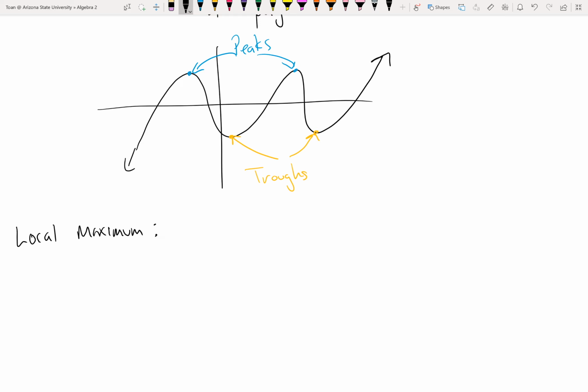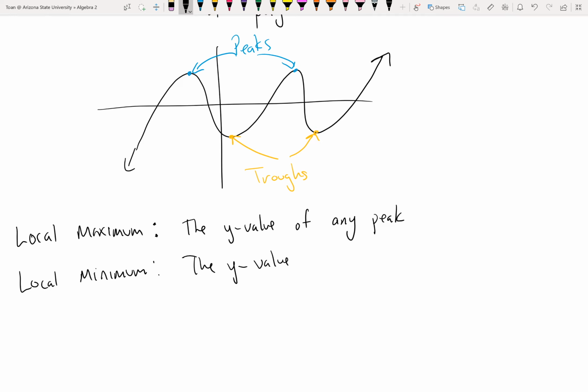Now the term local maximum is simply the y value of any peak. Conversely, the local minimum is the y value of any trough.